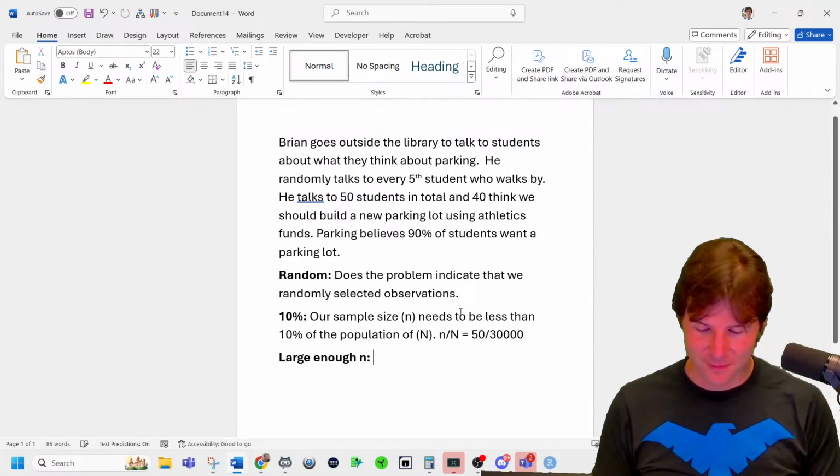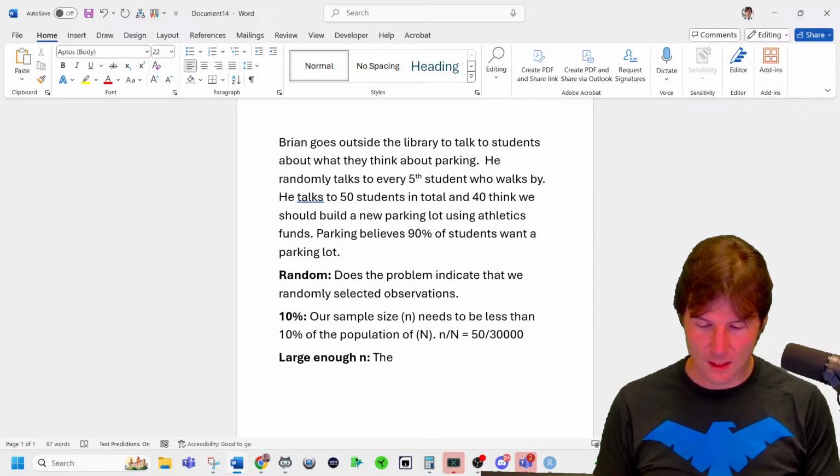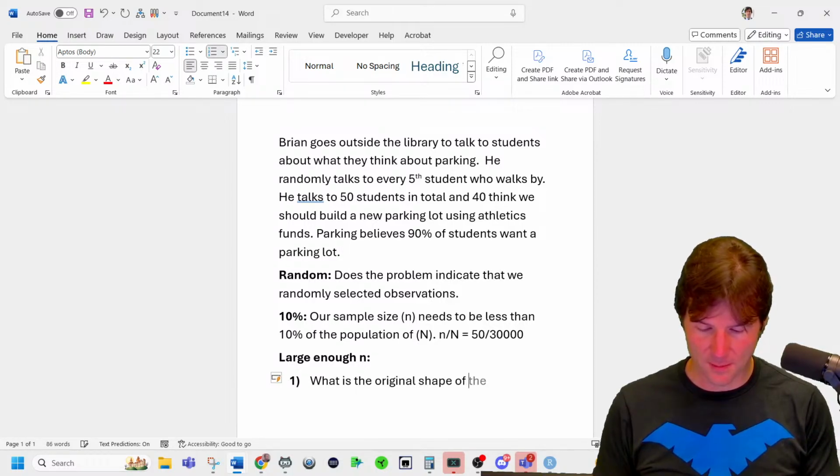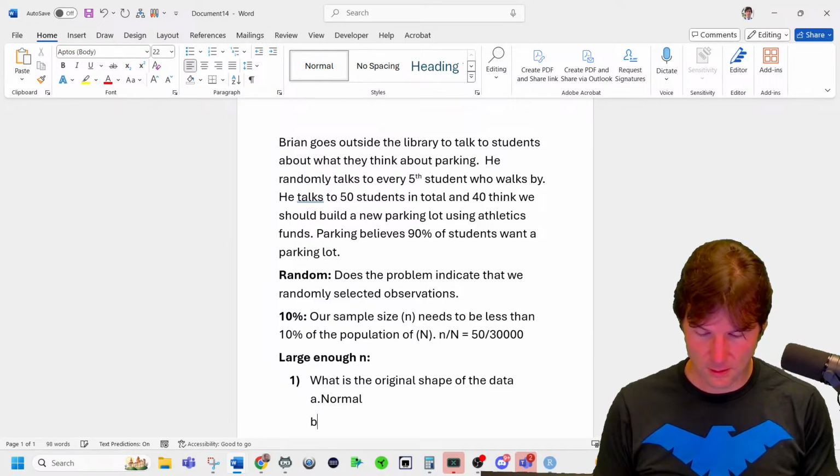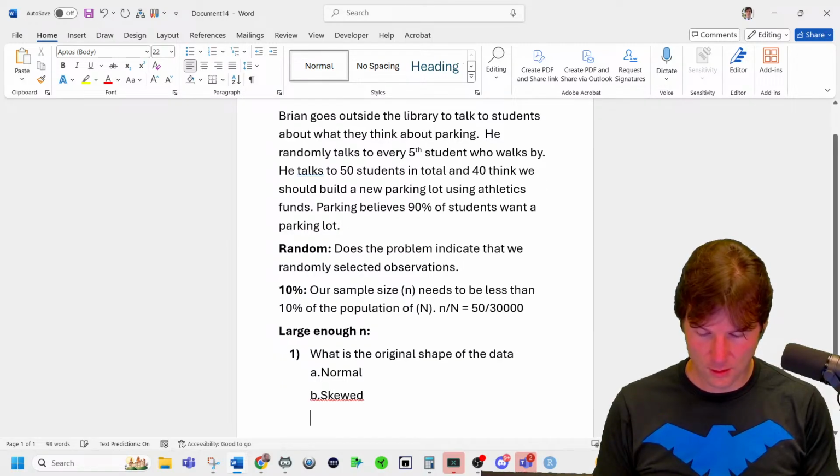So large enough n. Let's do it in steps. 1, what is the original shape of the data? So it'll either be normal, skewed, or very skewed.